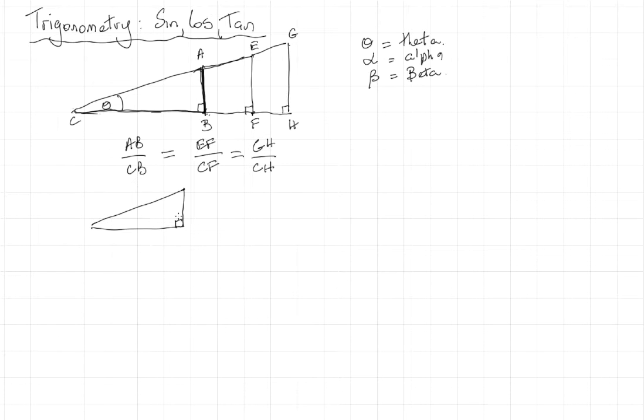So it has to be a right angle triangle. If this is the angle theta, say this is a triangular room and you were sitting in this corner looking out there, this would be the opposite. Let's learn to spell, opposite.